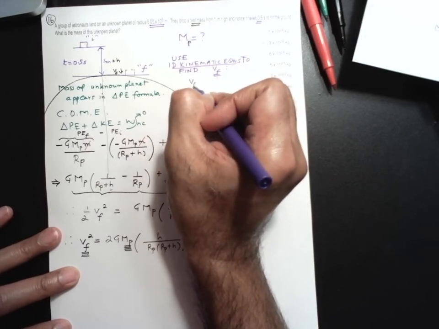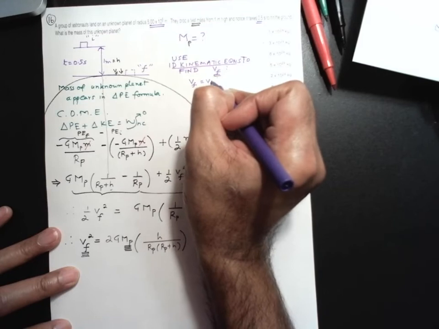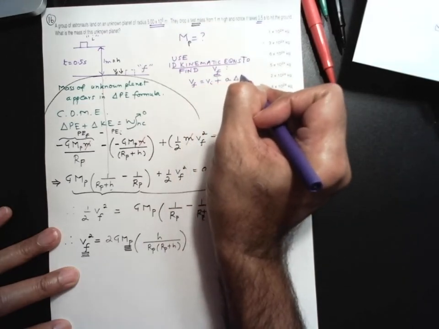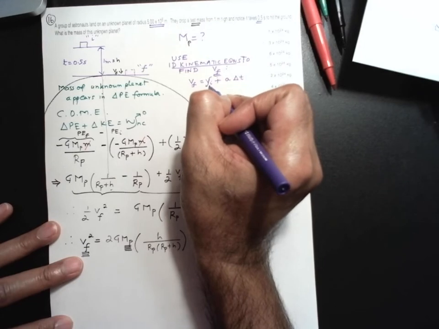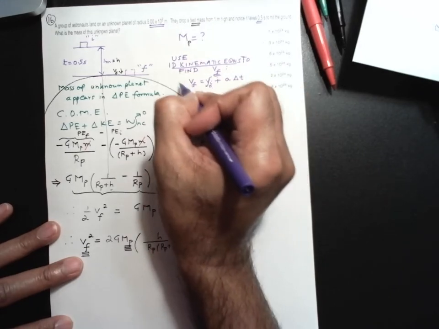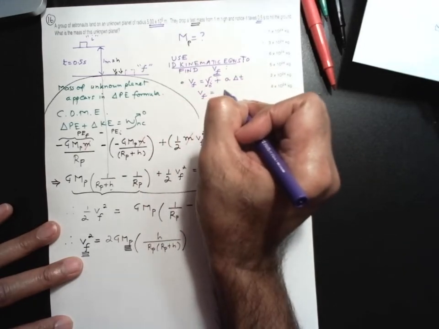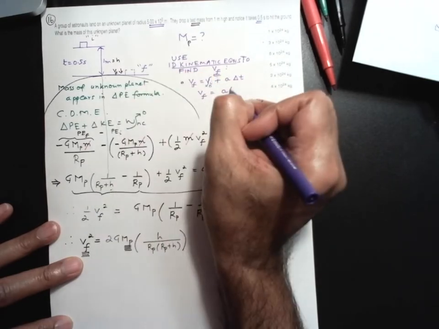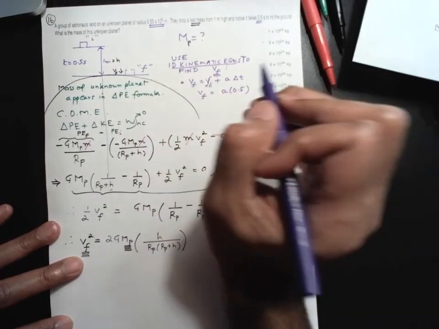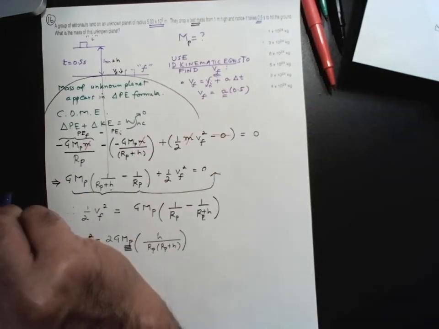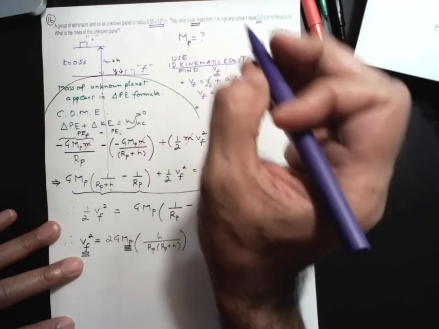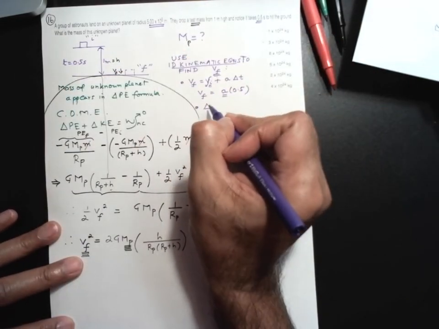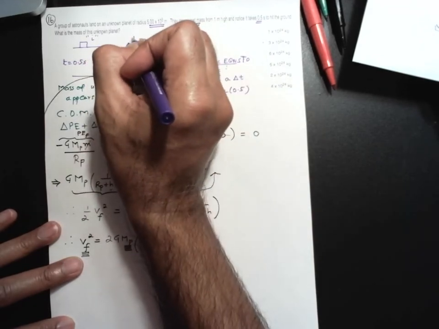So the first is to say v final equals v initial plus the acceleration times delta t, right? Drop from rest, so that's 0. So v final is equal to acceleration times delta t, and delta t is 0.5. But I still need to know the acceleration. So they've given me the distance, you see, so let's just say this is positive.